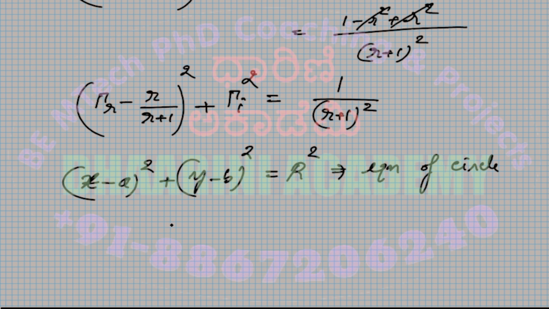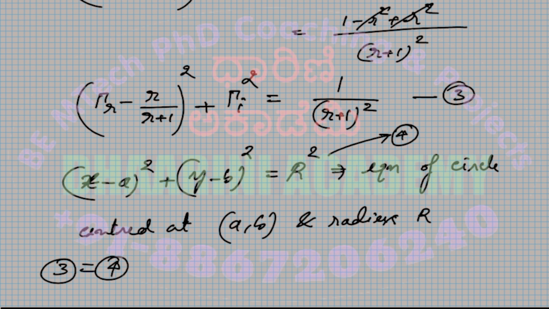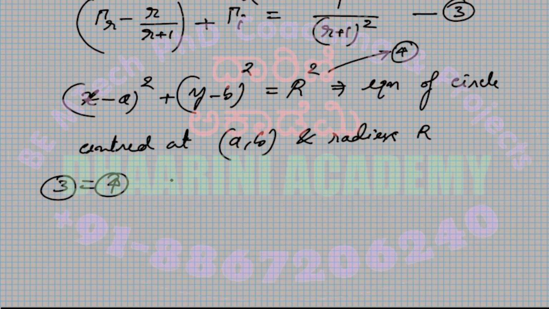We also come to know that the center is at (a, b), and the radius is r, correct? I'll call this equation number 3, and this equation number 4. Comparing 3 and 4, 3 should be equal to 4 because I can see the same notation. What is a value? a is equal to r by r plus 1, and b value is 0.